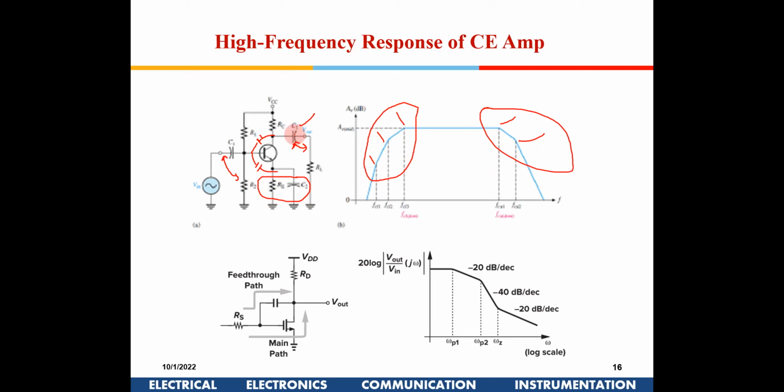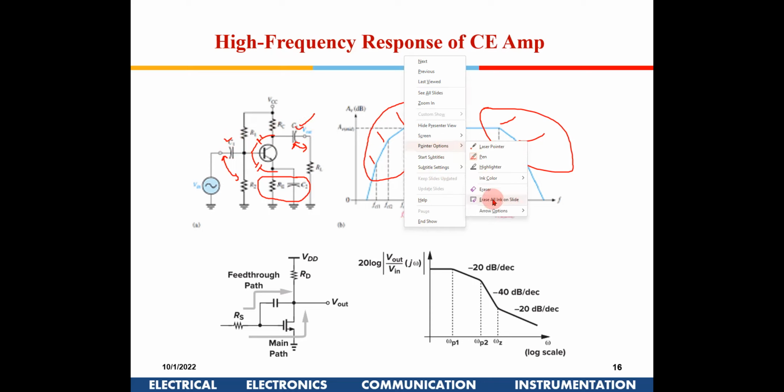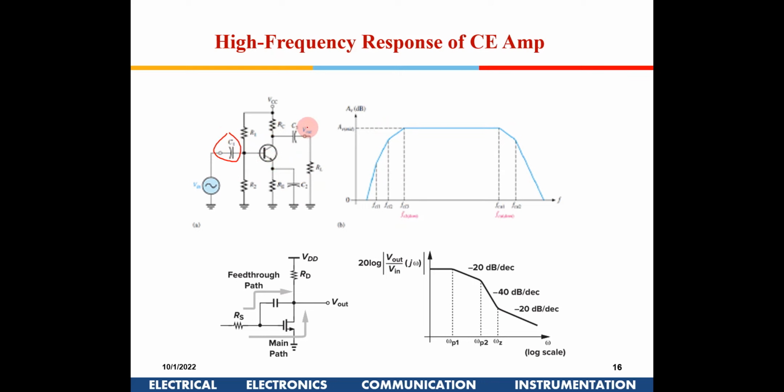So this capacitance, this one, and this capacitance, they affect the low frequency operations. So these three, each has got a resistance. This capacitance is going to see R1 and R2 in parallel, for a MOSFET.